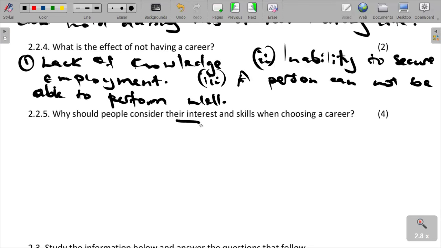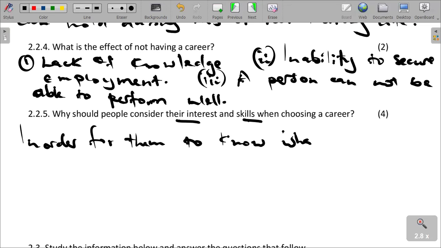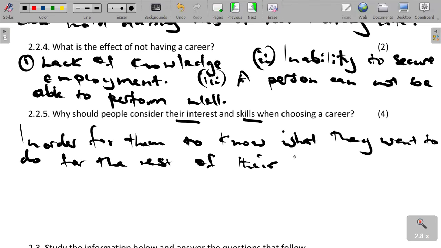One, we are saying they should know what they want to do, because this choice of work, the person is going to do it for the rest of his or her life, in order for them to choose a career that complements their interests and skills.